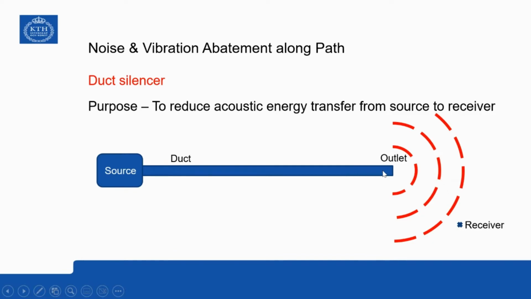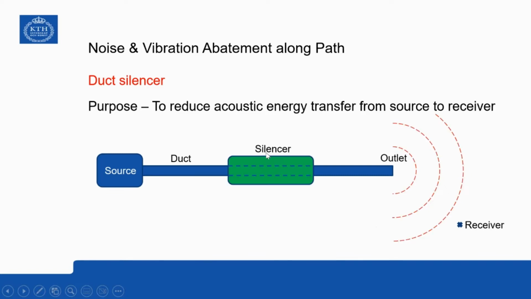Because when this volume flow pulsation reaches the outlet here, then it will transmit as sound and reach the receiver. So a duct silencer, if you install it somewhere along the duct, will hopefully reduce the sound power emitted and the sound pressure in the observation point at the receiver.